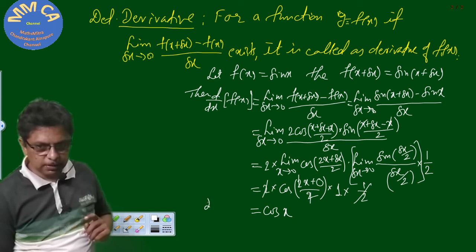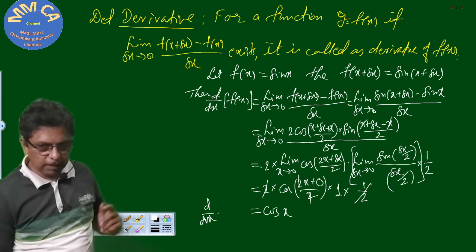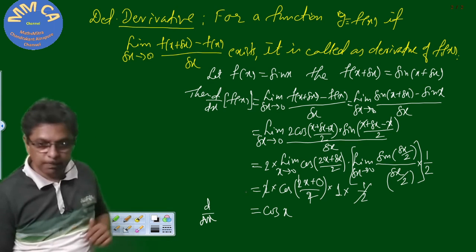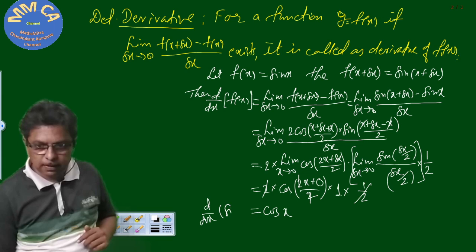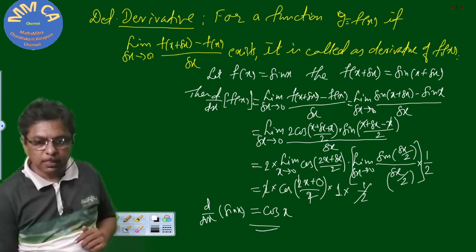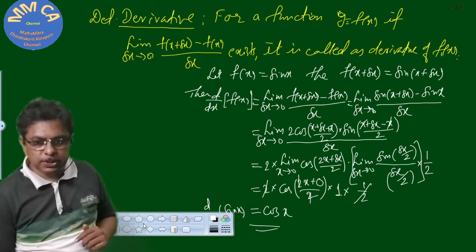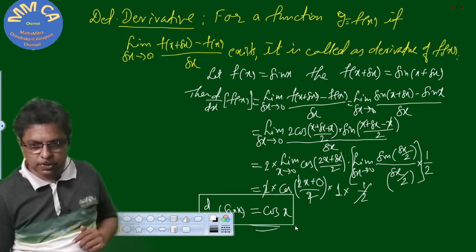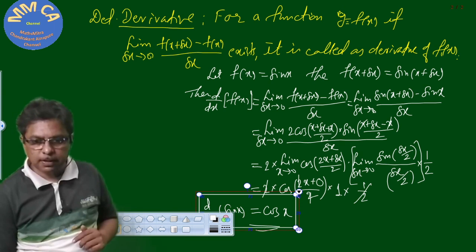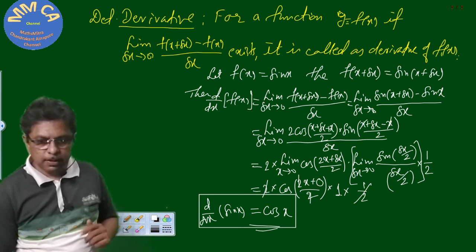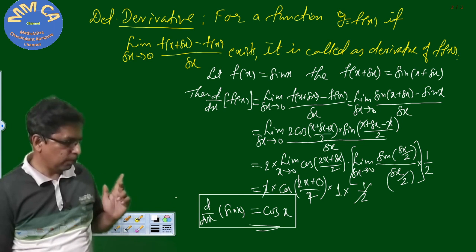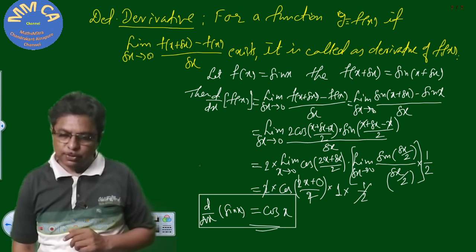And this is the derivative of f of x. But what is f of x? It is sine x, and thus we have proved the derivative of sine x is cos x. Yes, we got the answer. So that's it for this formula. We'll stop here. Thank you very much.